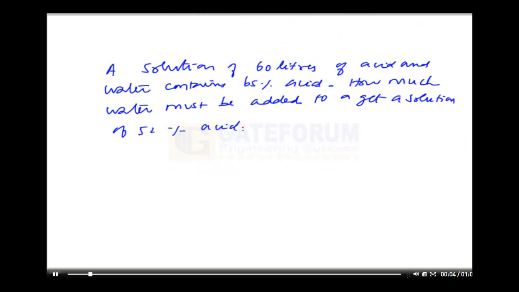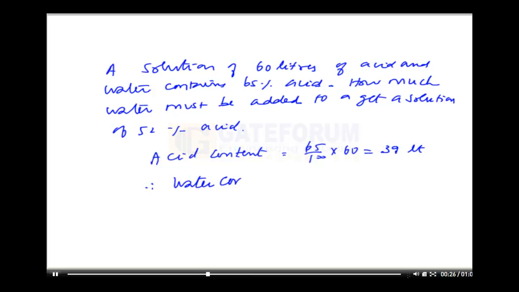65% acid. How much water must be added to get a solution of 52% acid? Acid content is equal to 65% of 60, which is 39 liters. Therefore, water content will be 21 liters.